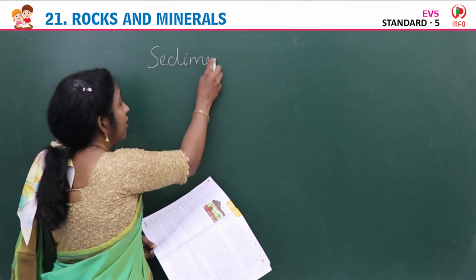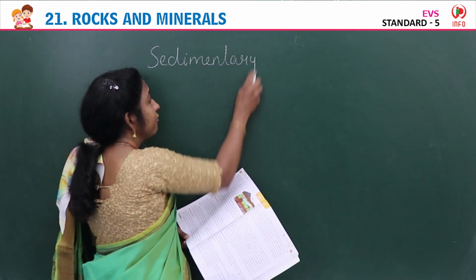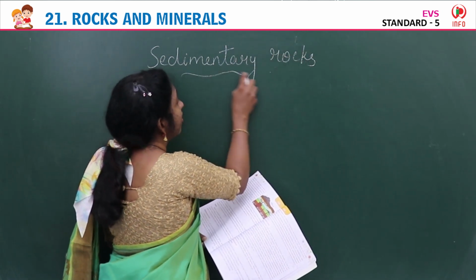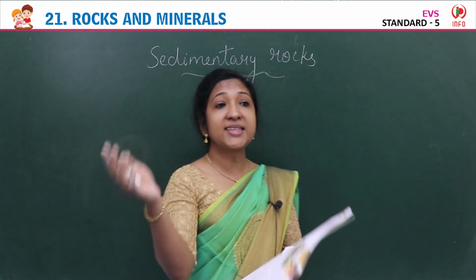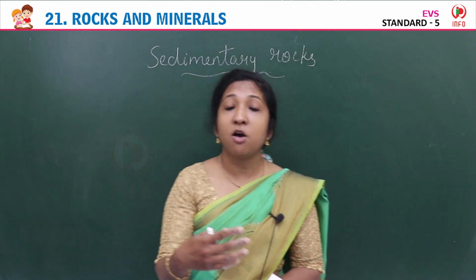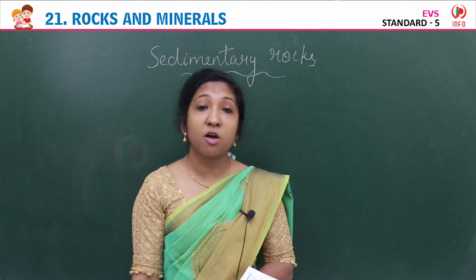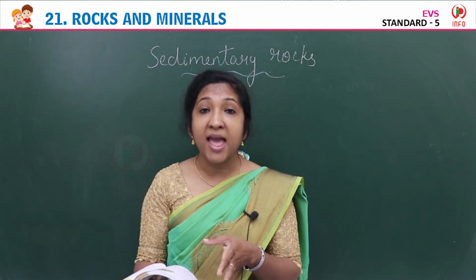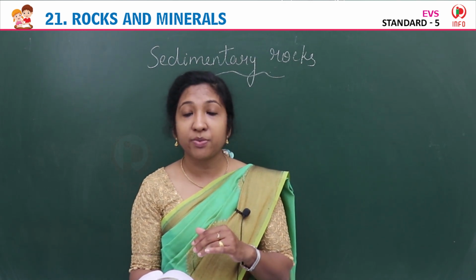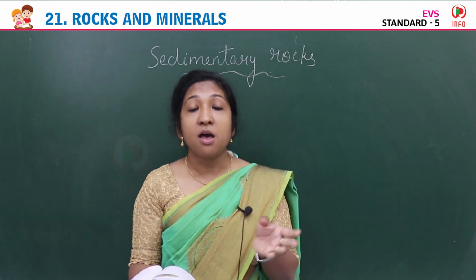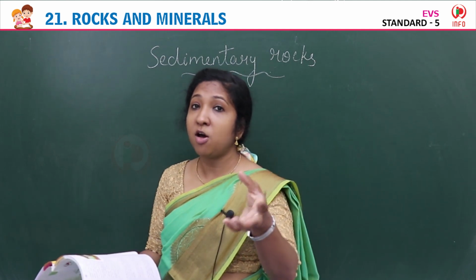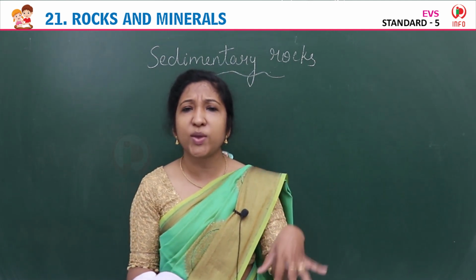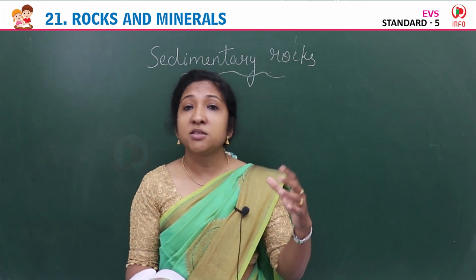Sedimentary rocks, how are they formed? All the rocks that we can see on the upper crust of the earth break into small pieces and form sediments. The sediments move or are deposited at one place because of running water, waves and wind.